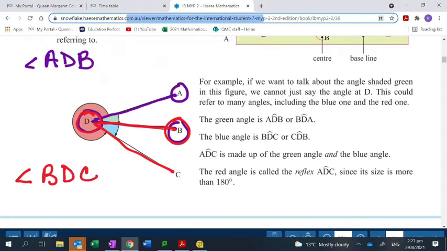BDC. There you go. Now, what if I wanted the angle using line A and C? What would it be? Angle ADC.